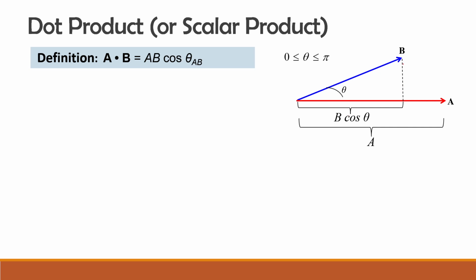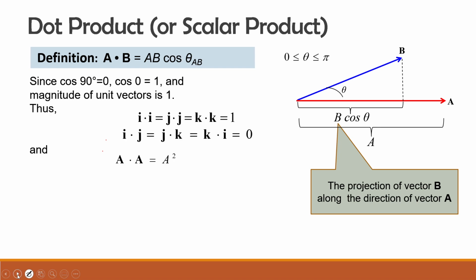The projection of vector B along the vector A is actually B cos theta, because using cos theta, you have this adjacent divided by vector B. Let's say this is x, the position x, and this is vector B. That's why x is actually B cos theta.